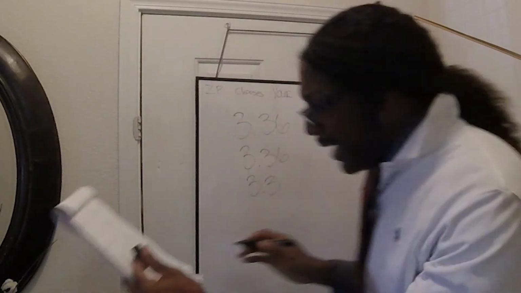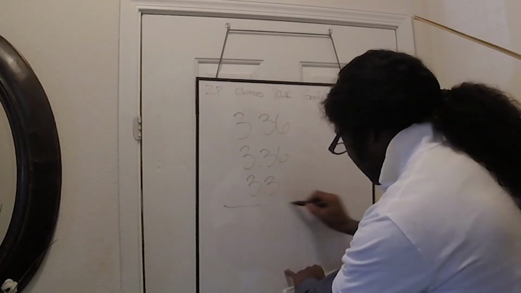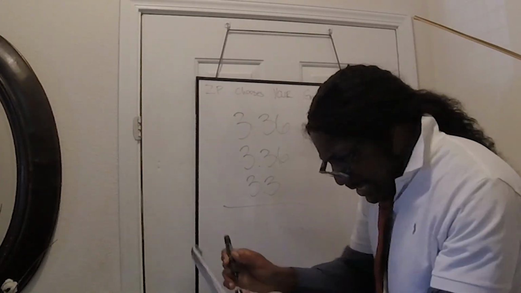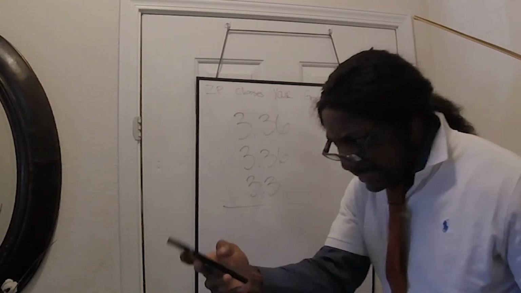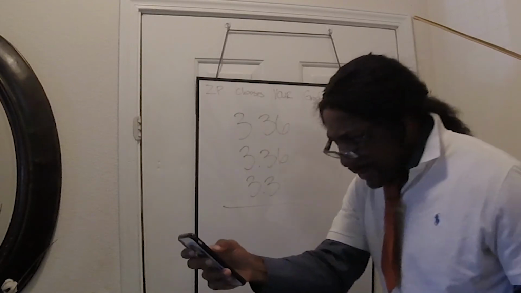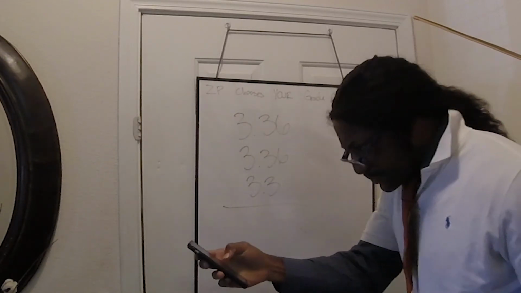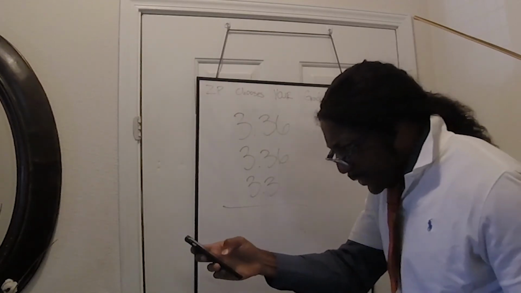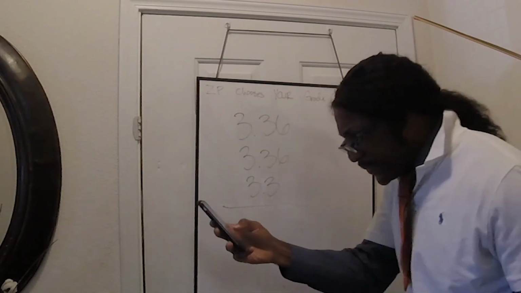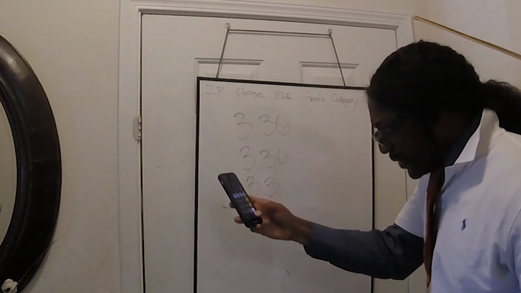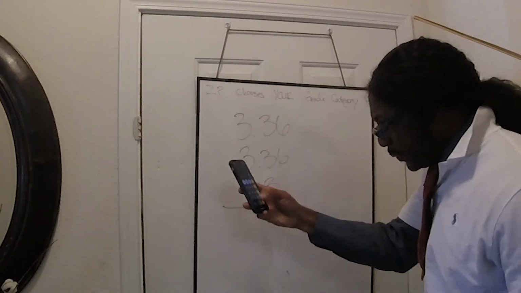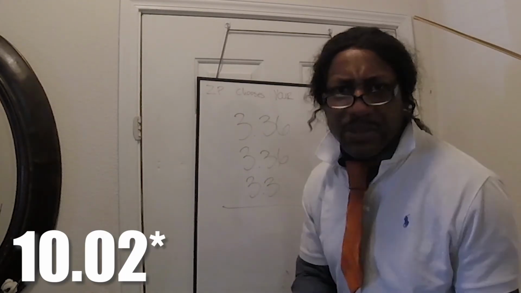All right. So if you take all of these and get an average, let's pull out the handy dandy phone right here, and let's get right into it. So if we put this math together, you have 3.36 plus 3.36 plus 3.3, that equals 10.32.